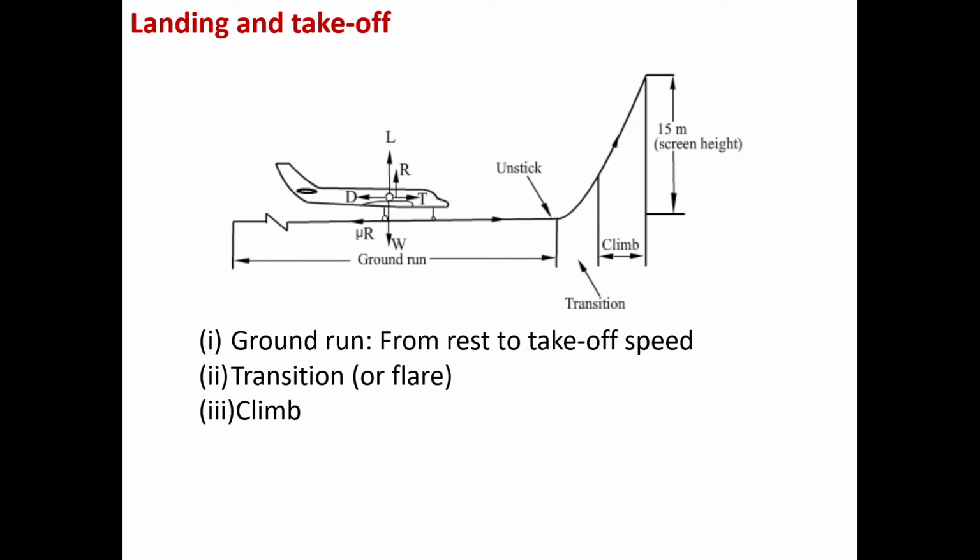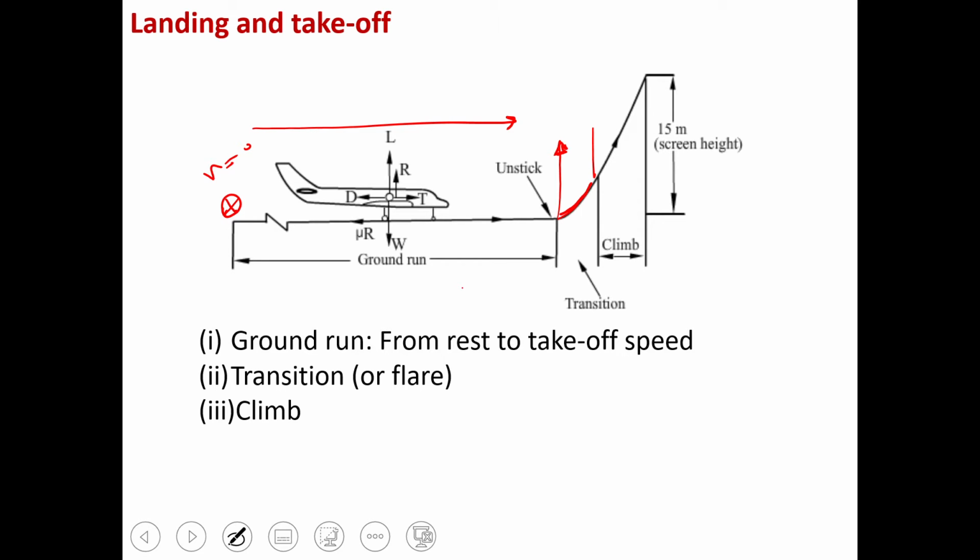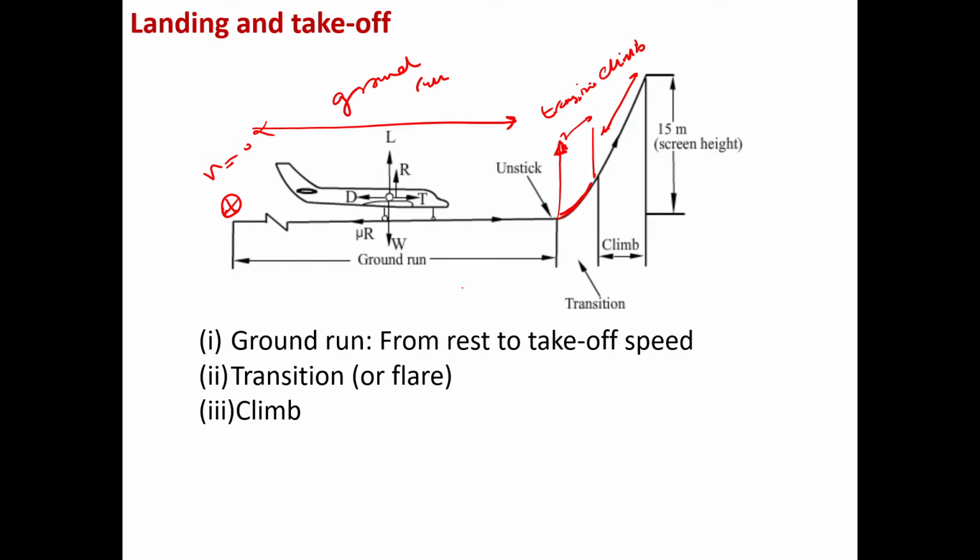As discussed before, the takeoff starts from here at v equals 0. Then you have your first transition from the ground run to the transition conditions. So you will have the ground run here, and then the transition condition, and afterwards you will get to the climb condition until you have climbed up to 15 meters in height in the vertical direction.